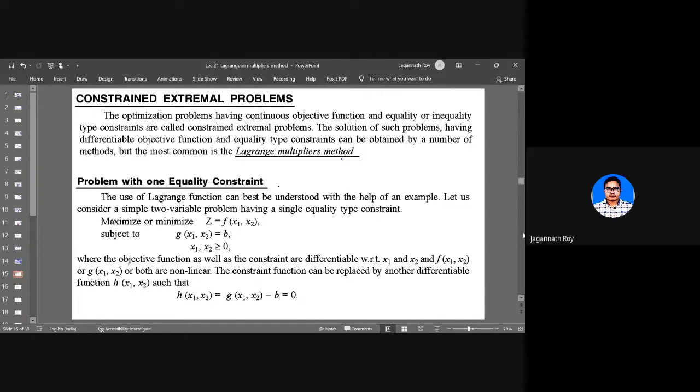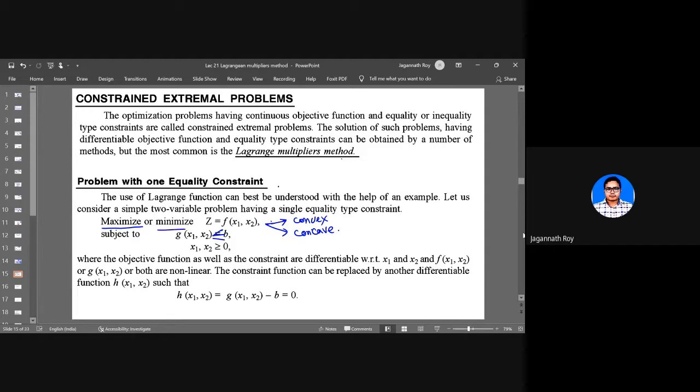So we'll start with a simple case, because this function can be convex and concave also, and because of that we are having this one as an equality type. But if this is a maximization problem, it is natural to get a less than type constraint.